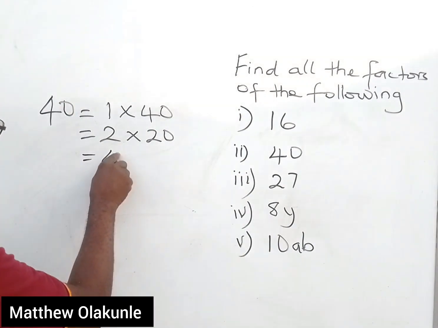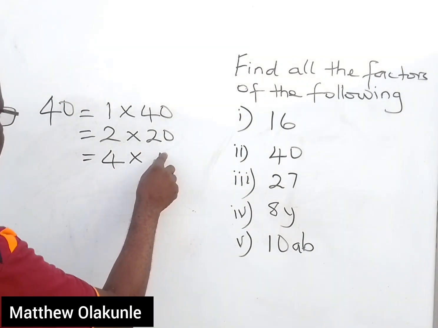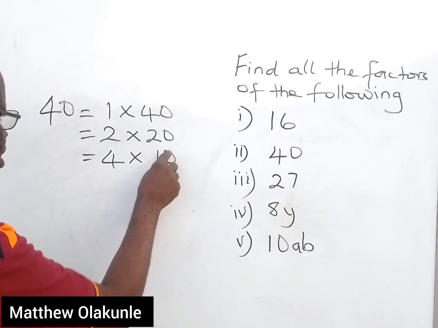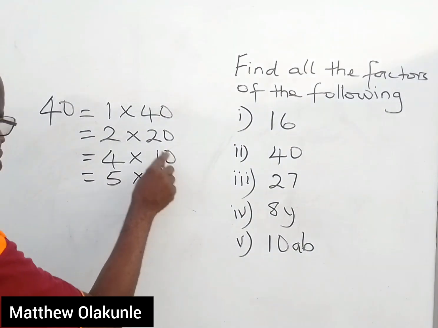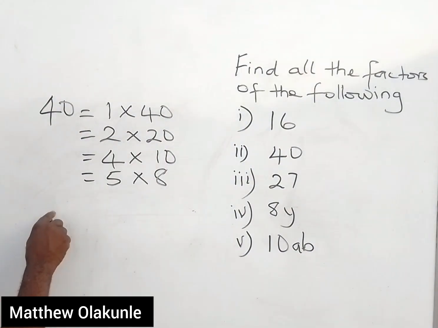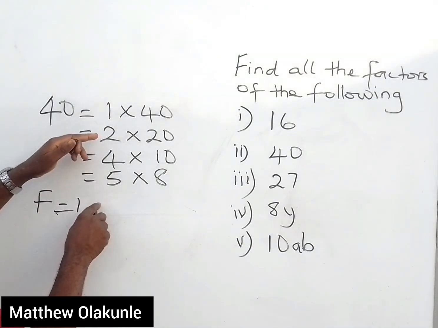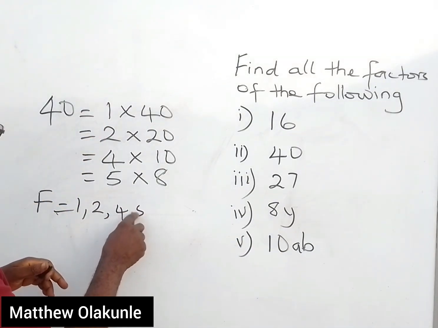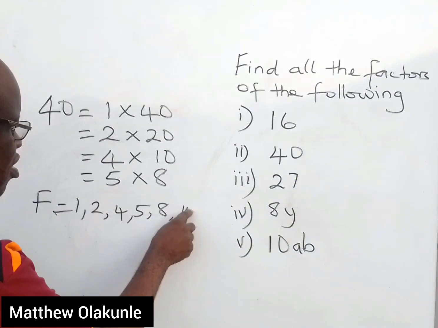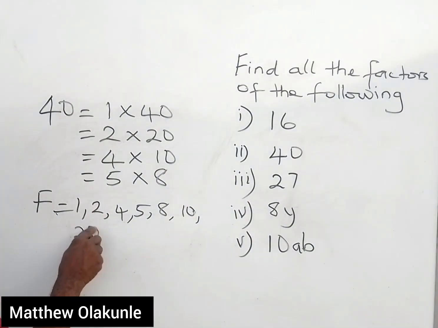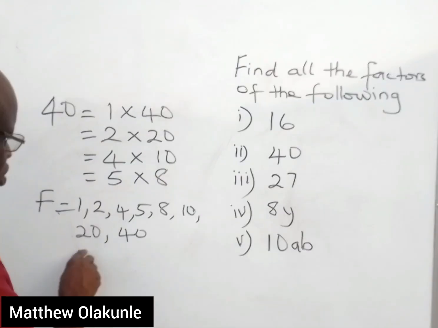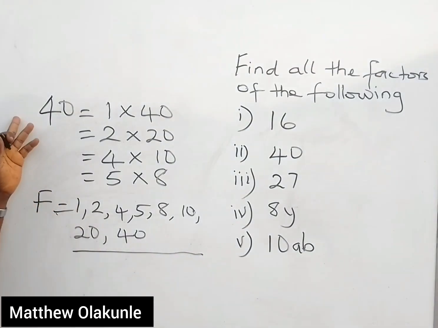Then 4 times 10. Then 5 times 8. So we now write all the factors down. The factors are 1, 2, 4, 5, 8, 10, 20, and 40. So all these are factors of 40.